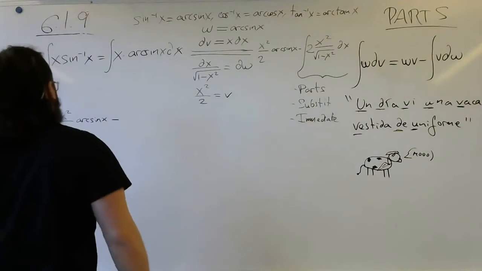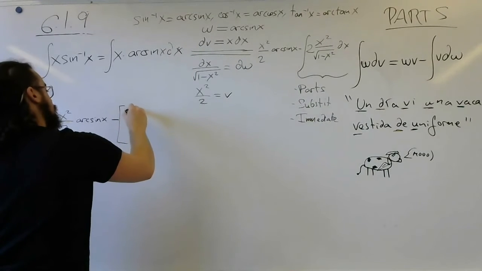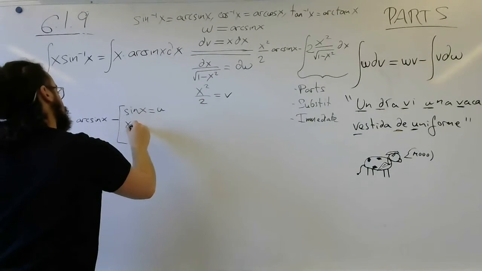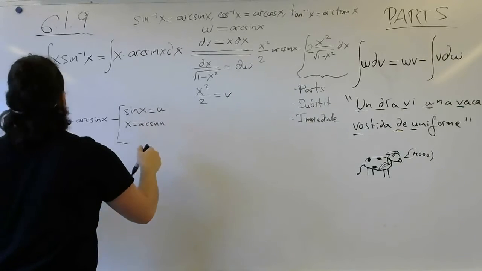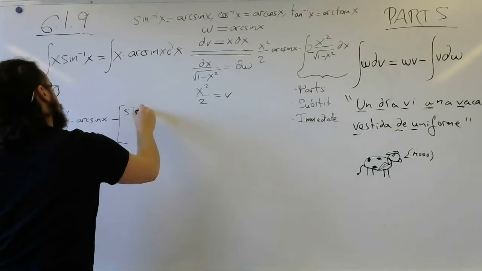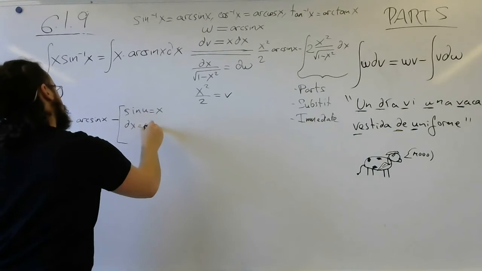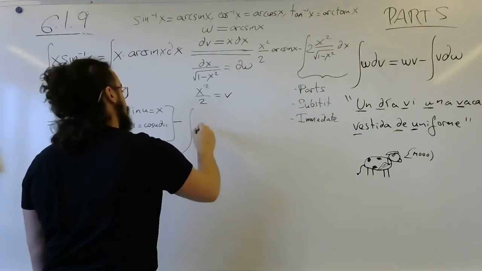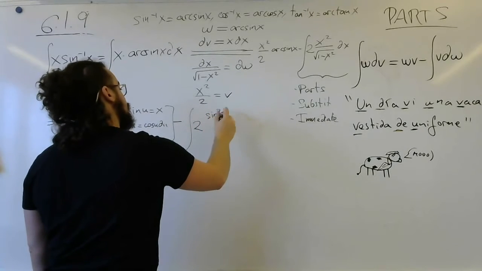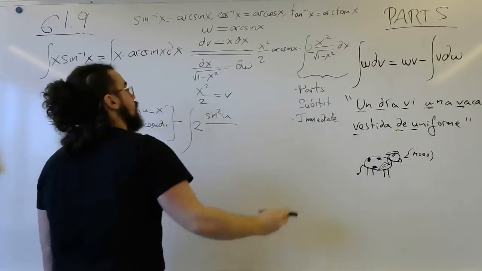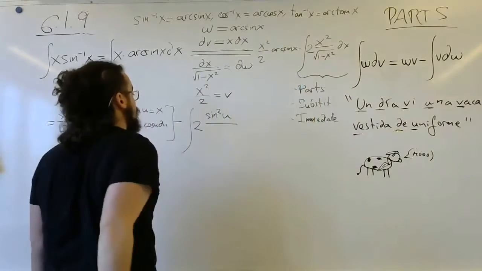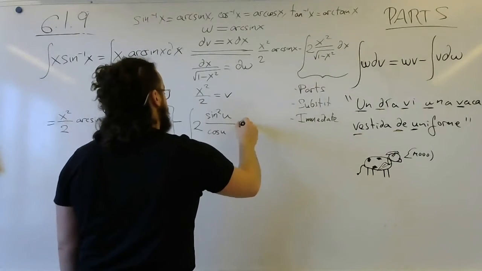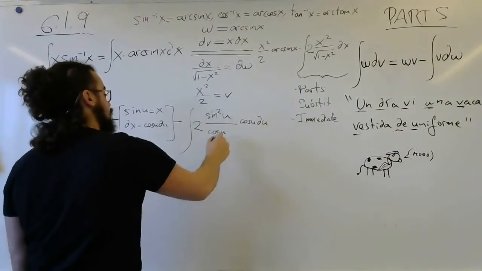Sine of u equal x. Okay. This transformation, and we have the integral of 2 sine squared of u, and here we have square root of 1 minus sine squared, square root of cosine squared, cosine of u, and d of x, cosine of u, differential of u.